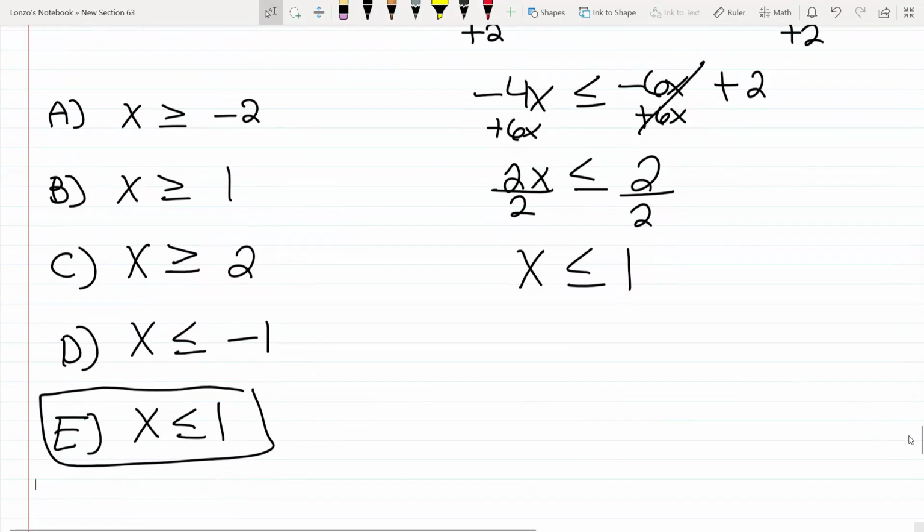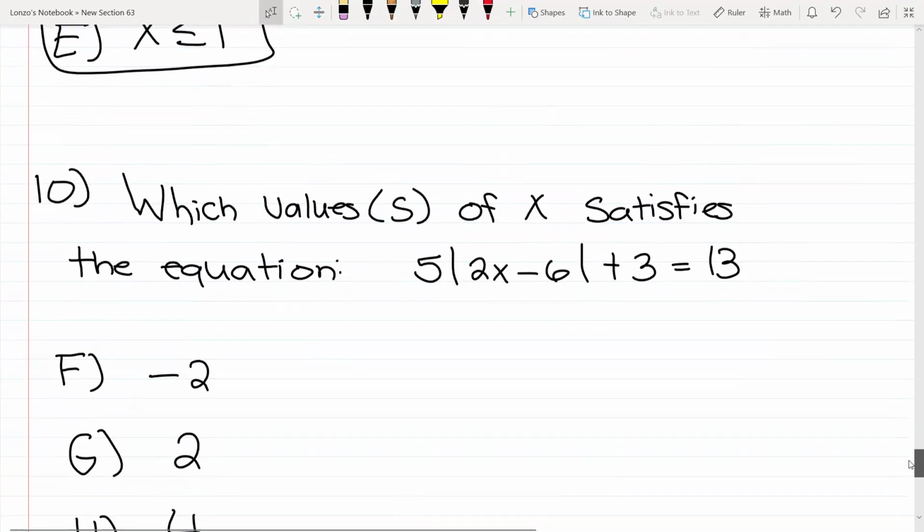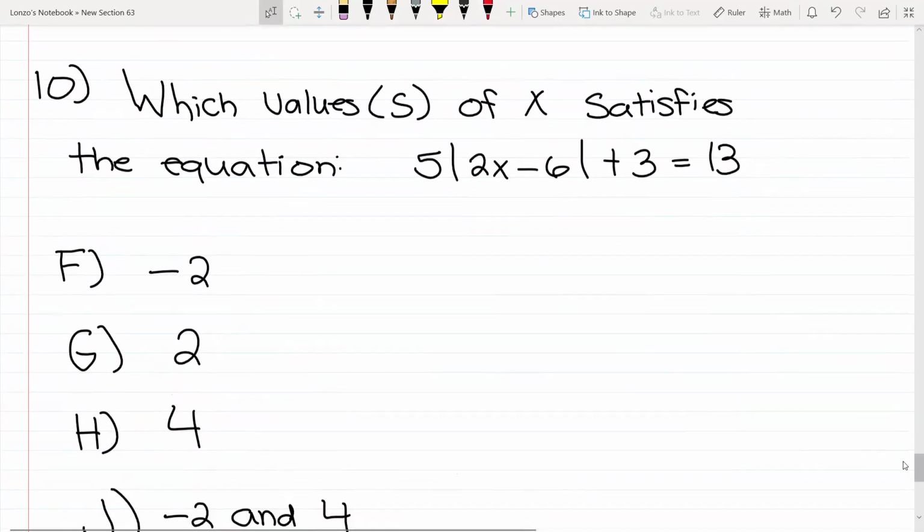Okay, last one. Here we have an absolute value question. It says which values of x satisfy the equation 5 absolute value of 2x minus 6 plus 3 equals 13. So to solve an absolute value equation, you're going to have to create two equations, but before you create your two equations, there's a few things you got to do.